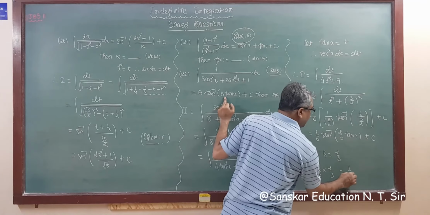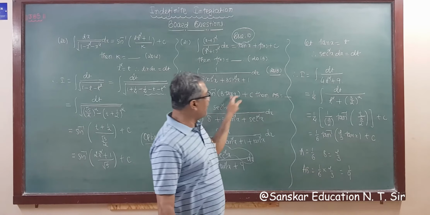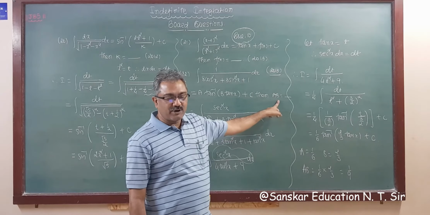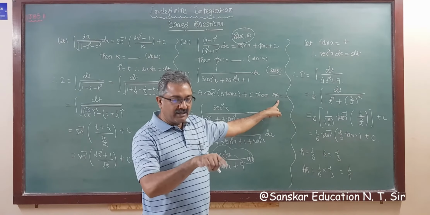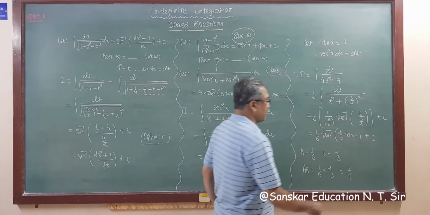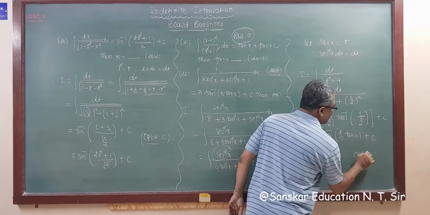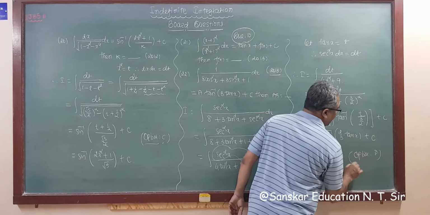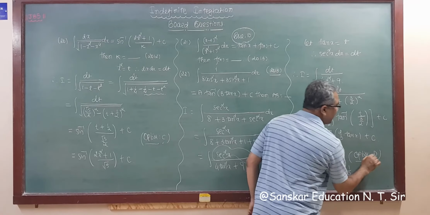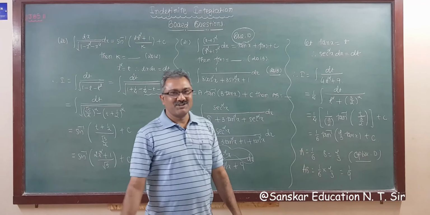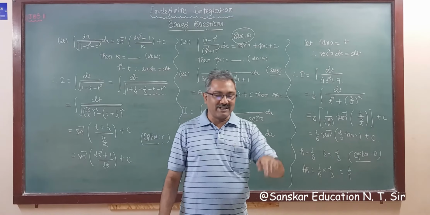So your answer is 1 upon 9. AB is 1 upon 9. That is A, B, C, D, option D is your correct answer, right? I am checking your answer from the laptop here.